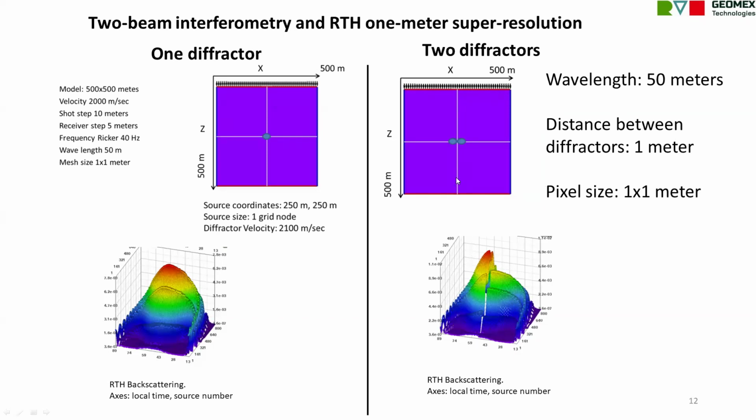This is 1 meter, and we can see the backscattering at this point. So our super resolution is 1 meter, 2 meter, concerning not amplitude but the phase, exactly phase. It is very similar to interferometry in physics.